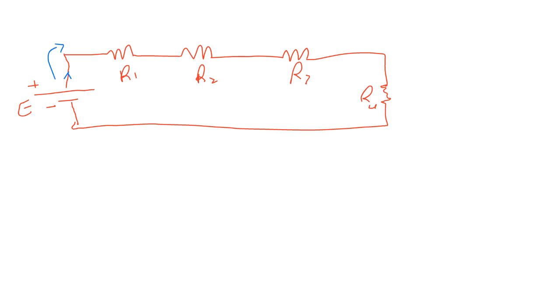So the polarity, as we mentioned previously in the other slides, is based on the direction of the current. It will start from positive, then negative, then positive, then negative, and so on. So this is the polarity across each load. This is V1, this is V2, this is V3, and this is V4.